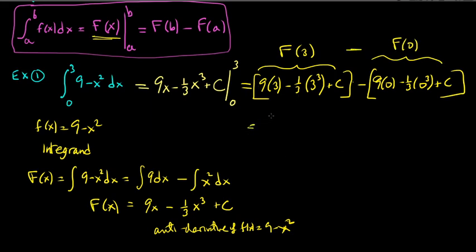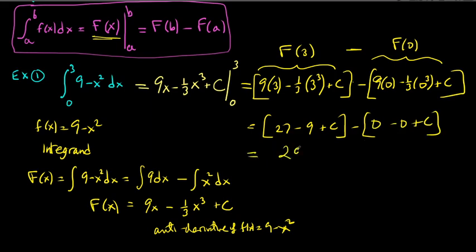Well, 9 times 3 is 27. 3 cubed is 27, 27 divided by 3 is 9, plus c. And 9 times 0 is 0, 0 cubed is 0, plus c. So now I don't need the brackets anymore. I'm just going to do 27 minus 9 plus c, and then minus c, because don't forget the minus sign distributes here.